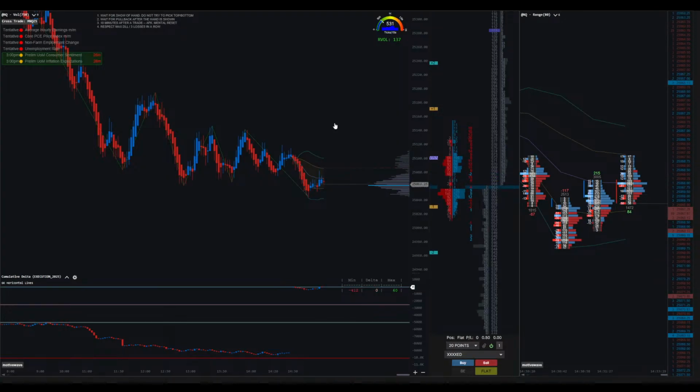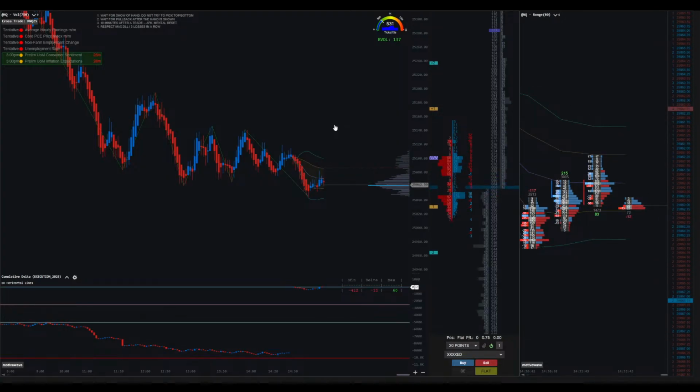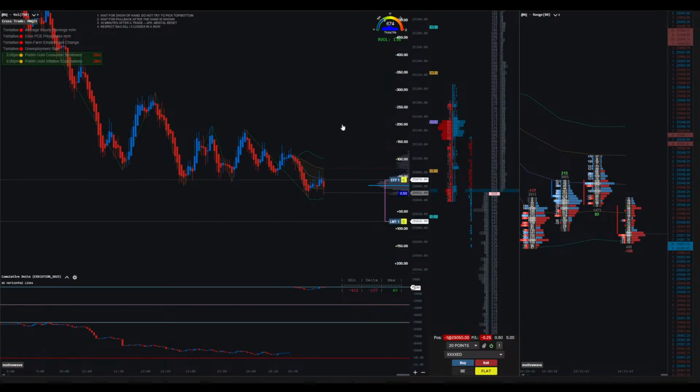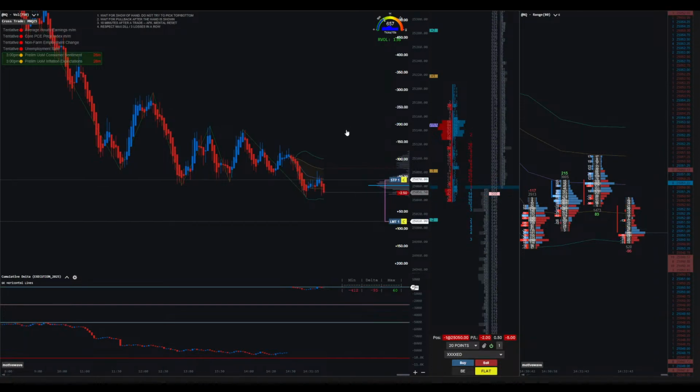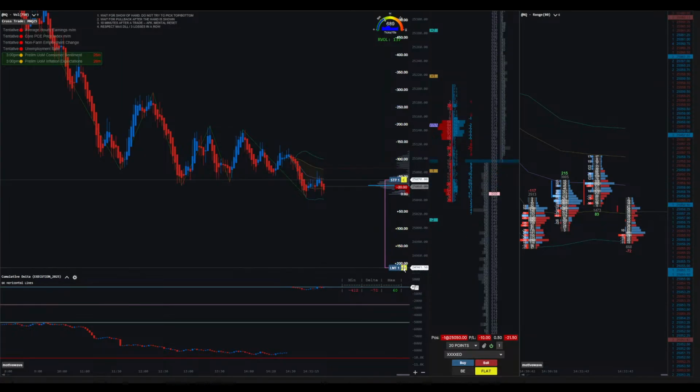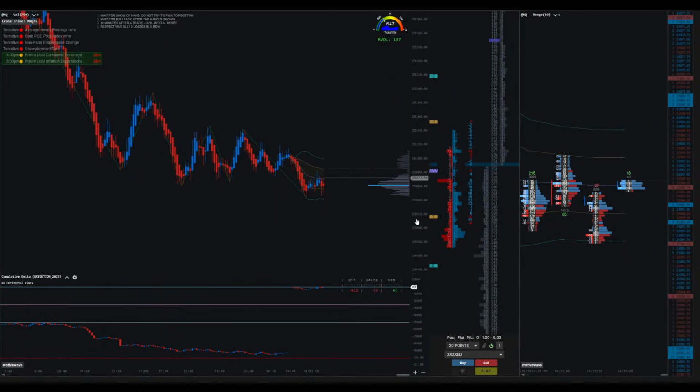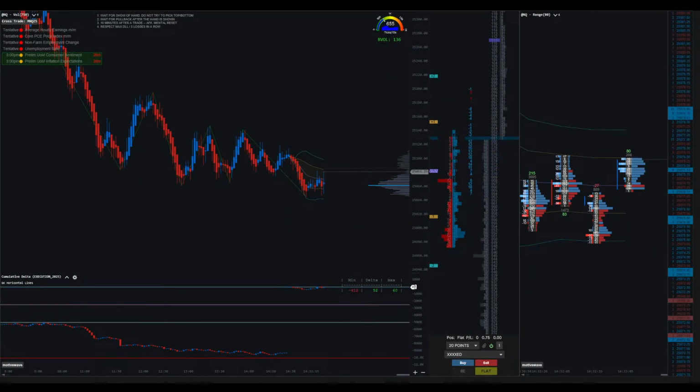Is VWAP gonna hold? I'm gonna try sell. Immediately stopped.